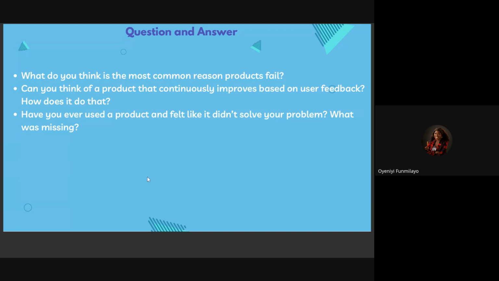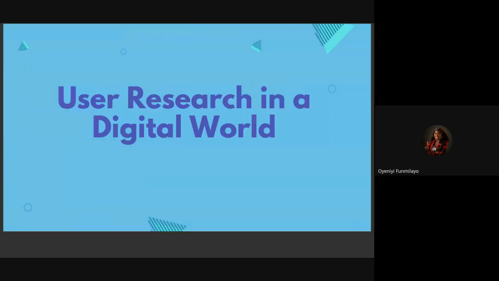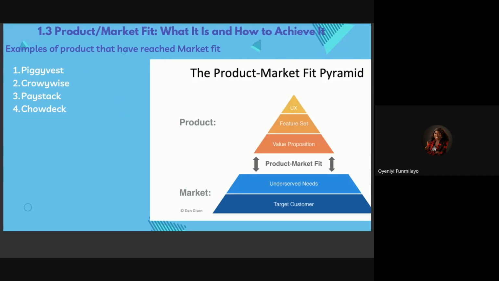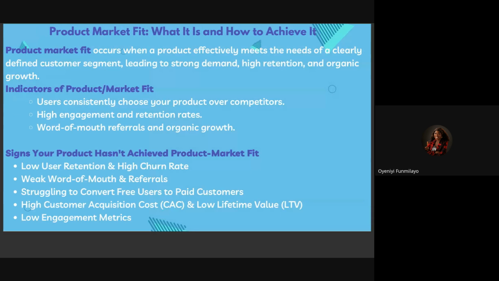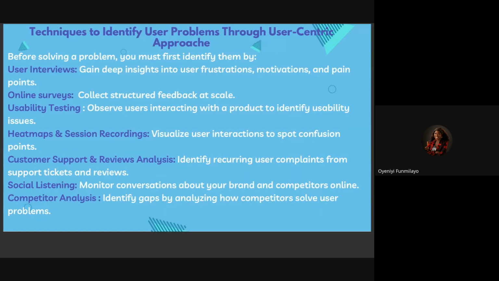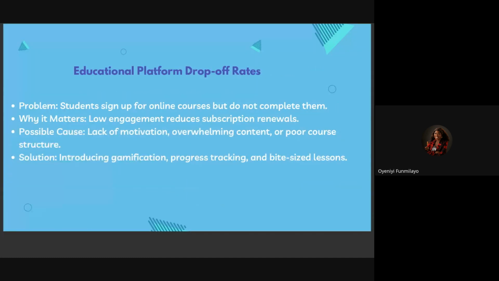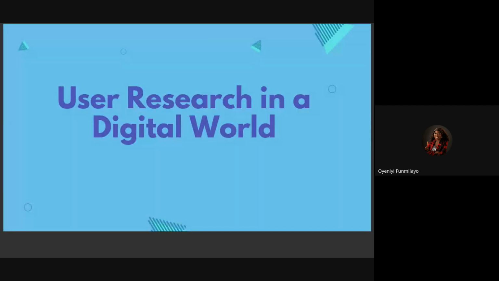Okay, so let's talk about user research in a digital world. Here we've understood that for you to be able to identify a user problem, these are some things you need to do: user interviews, online surveys. All of these things you can use to identify your user problems, right? But there's something called user research.